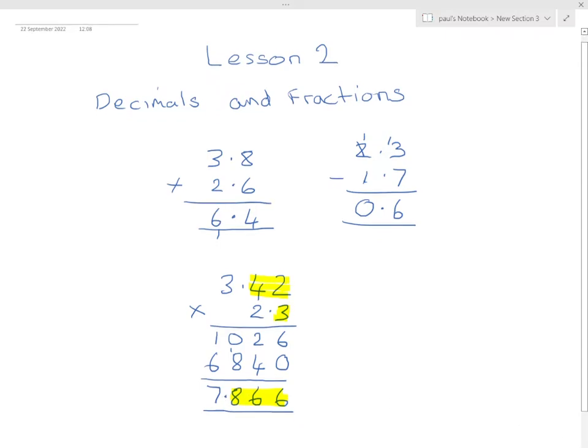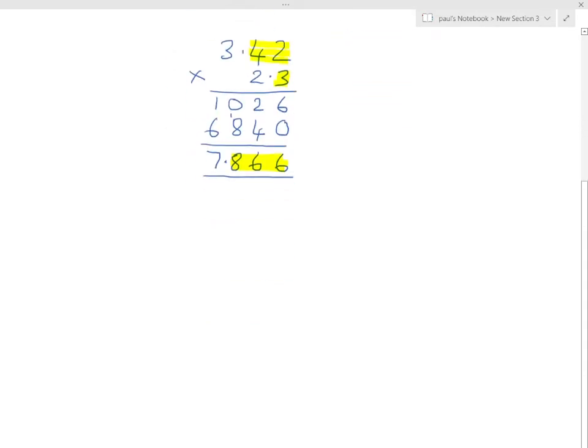Now dividing is more difficult, but there is a trick. If we go 32 divided by 0.4. Doing the 0.4 times table is just not going to work very well when we're dividing into 32.